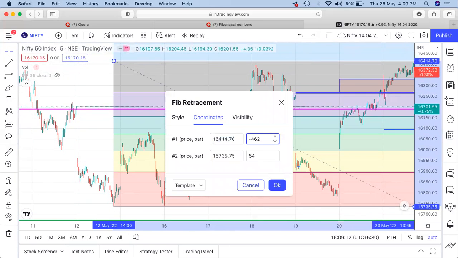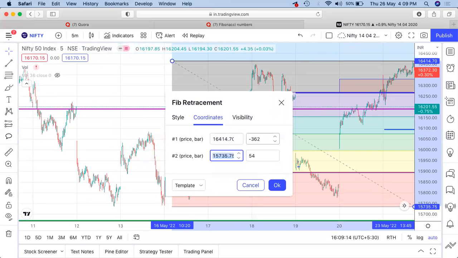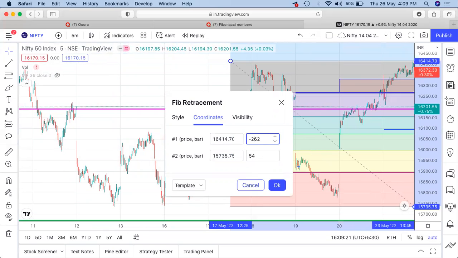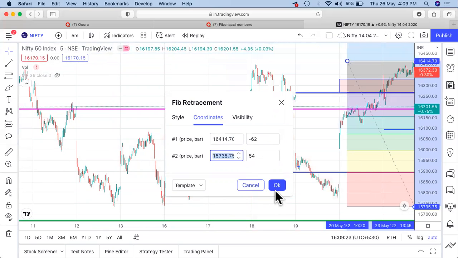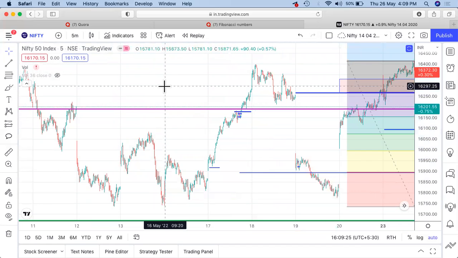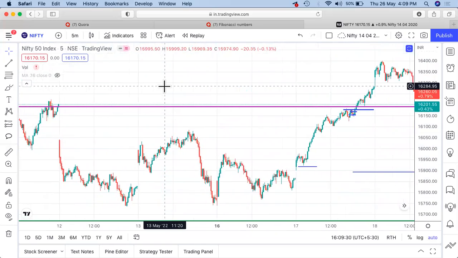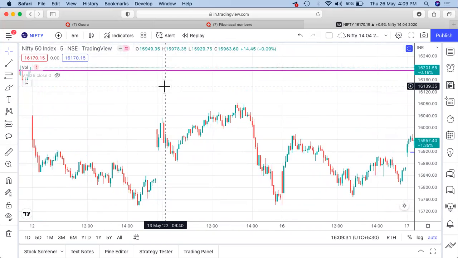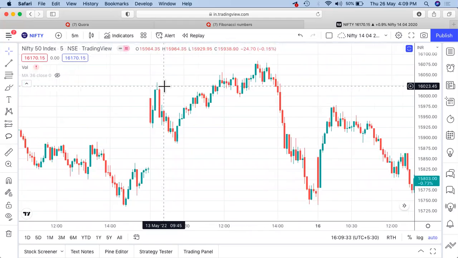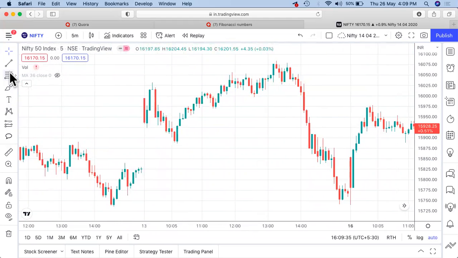Let's do one thing. For example, I need to see how this small Fibonacci has been formed. So what I'll do is over here, again, I'll go to the same tool.